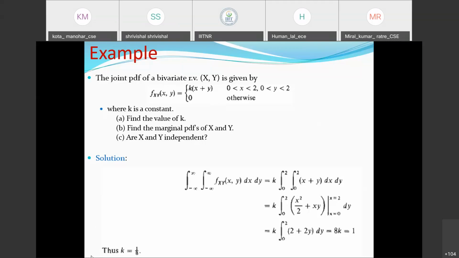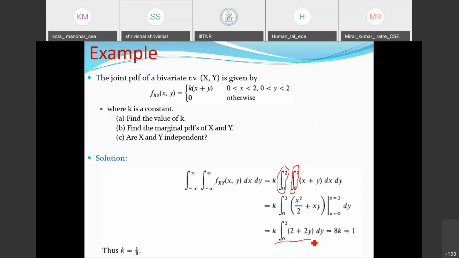Once we substitute the values, then the job is done, because outside this boundary the function value is 0. So for our interest, the useful integration range is only 0 to 2. Out of this range, the function value is 0, so there's no point of having integration outside this region. So just simply substitute the function and go for integration, solve it.